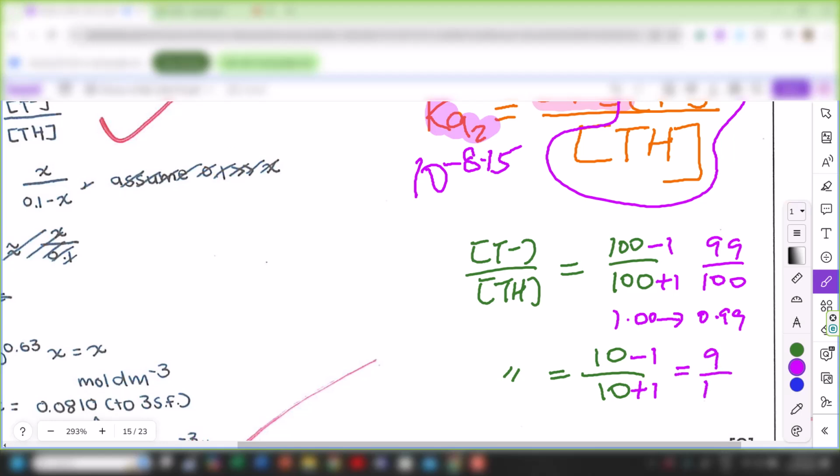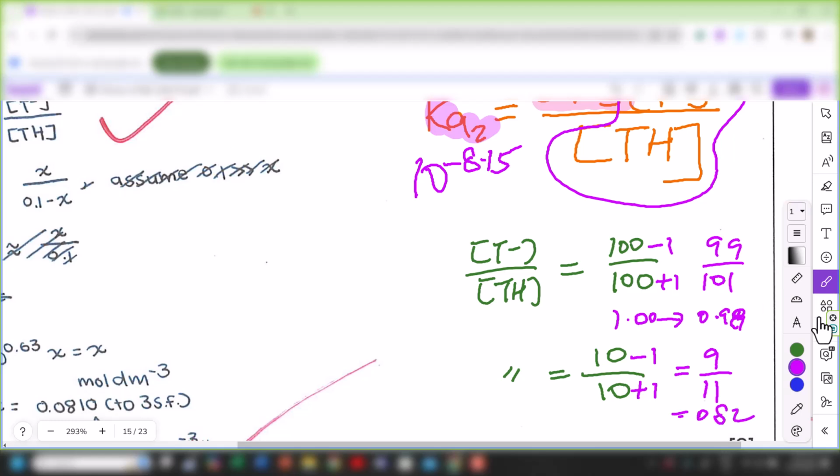Sorry, I think I wrote this as 101. Of course this will not be 0.99, so let me take a calculator. 99 divided by 101 is slightly less than 0.99. It's 0.98. Yeah, then 9 divided by 11 is a different ballgame, right? It's 0.82.